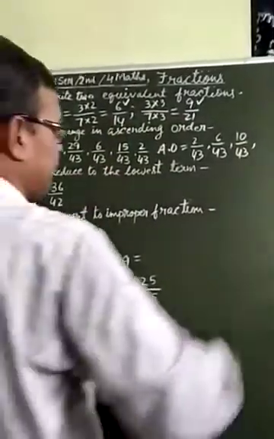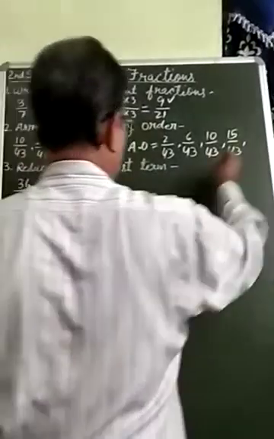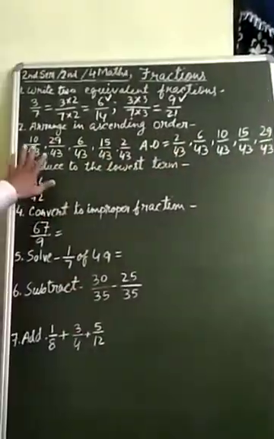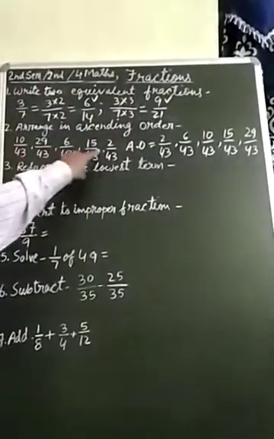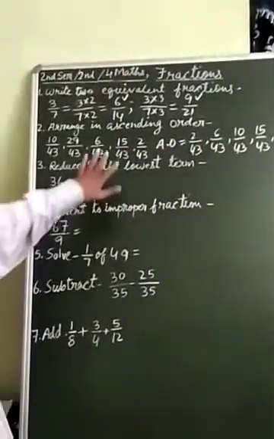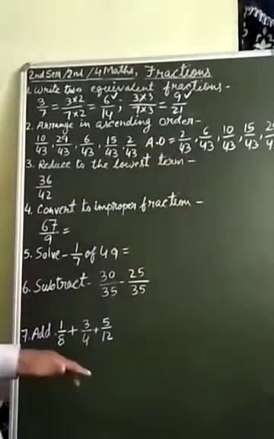Then comes 15 by 43. And last is 29 by 43. So to arrange given fractions in ascending order, compare the numerators and write them in increasing order. Same way we can arrange given fractions in descending order also.